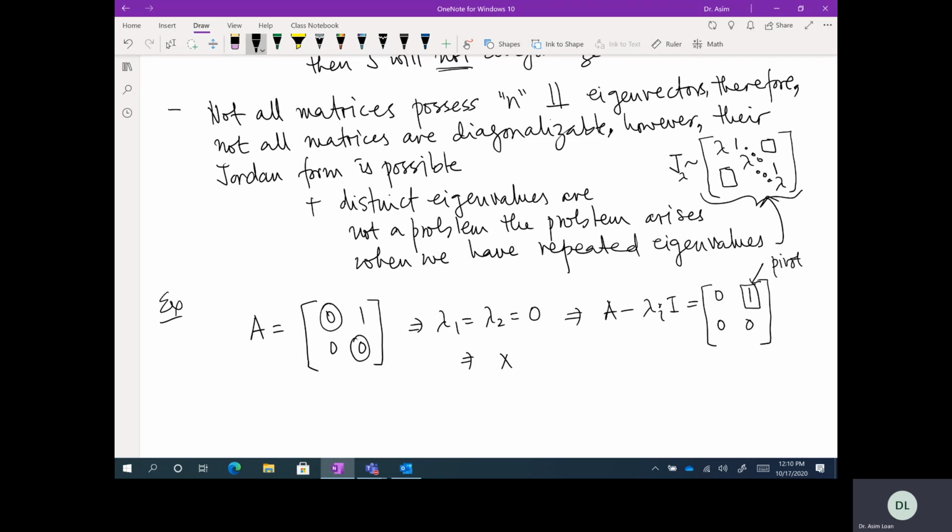So the first variable is free, with x1 equal to some constant c. So c is 1 here and 0 here. This is the free variable, and the pivot corresponds to 0.